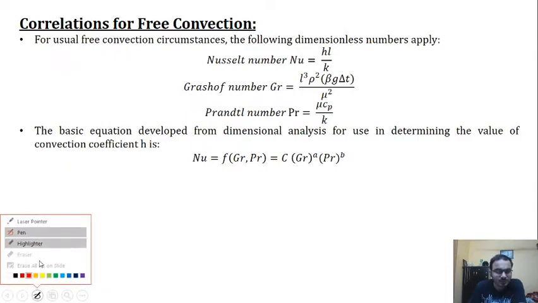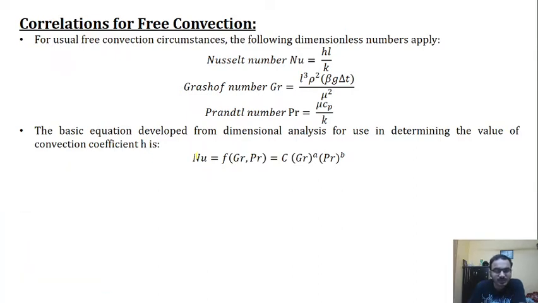If you recall, with the help of dimensional analysis we have already proved this. Based on further experiments we can say that the Nusselt number can also be written as a constant times Grashof raised to A and Prandtl raised to B.